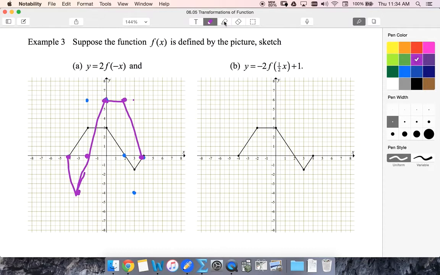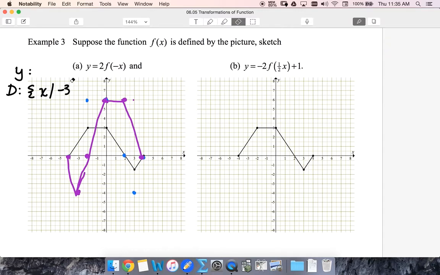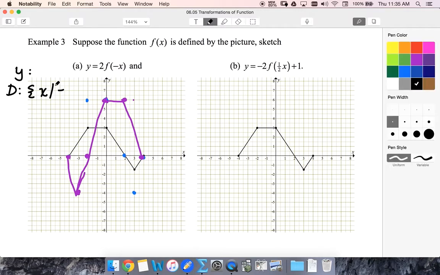So let's talk about that. In the original graph, we had a domain of x such that -4 less than or equal to x less than or equal to 4, and our range was y such that we went from -2 up to 3.